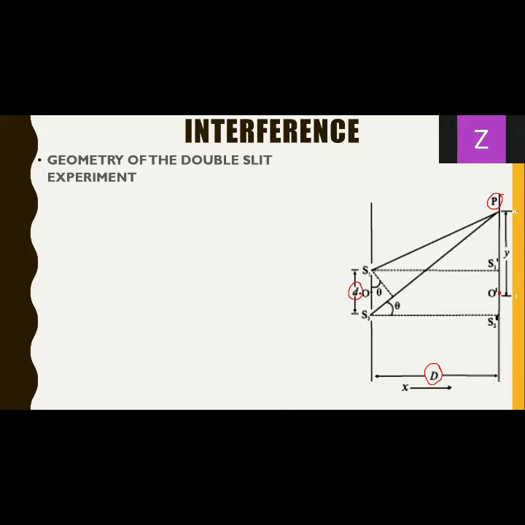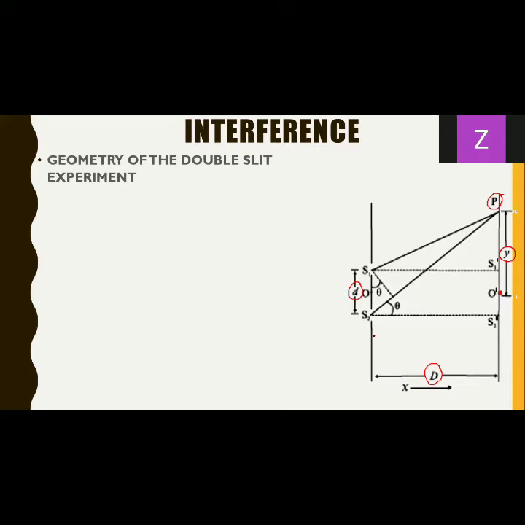We are going to encounter this later as well. And you can see y is the distance of point P from the origin. We can consider O dash as the origin on the screen and O as the origin of the slits.